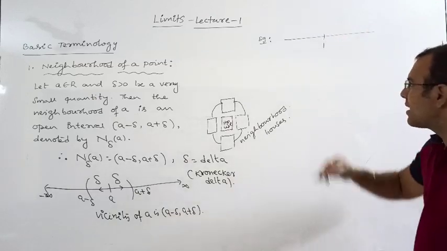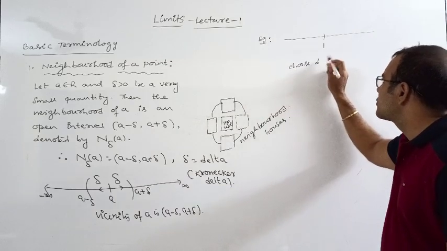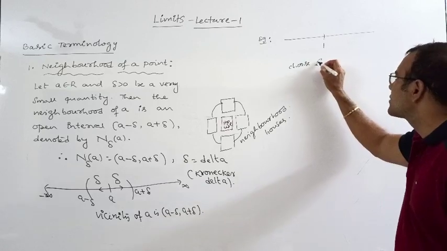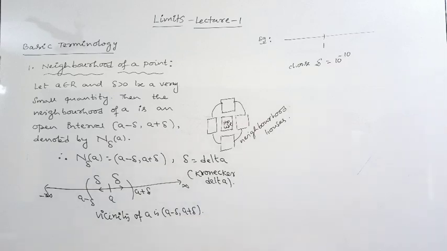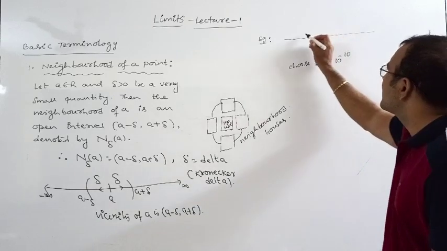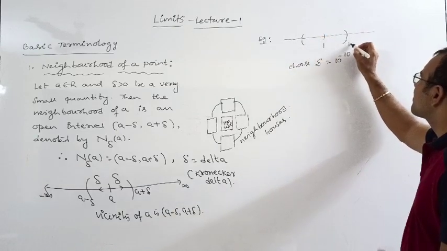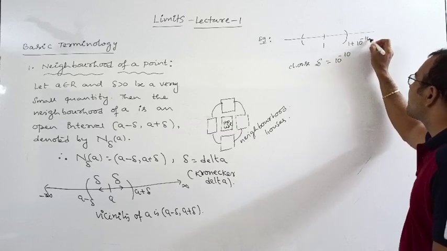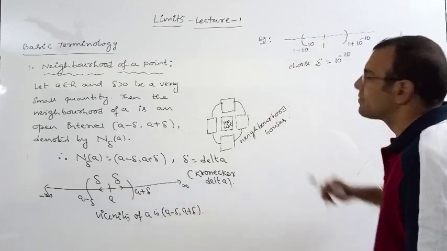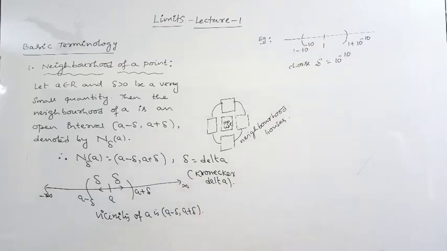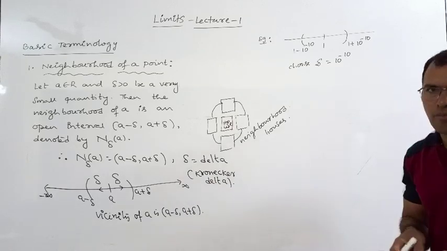Now choose delta equal to 10 to the power of minus 10. Then this is 1 plus 10 to the power of minus 10, and this is 1 minus 10 to the power of minus 10. You have to choose delta as a very small positive quantity.